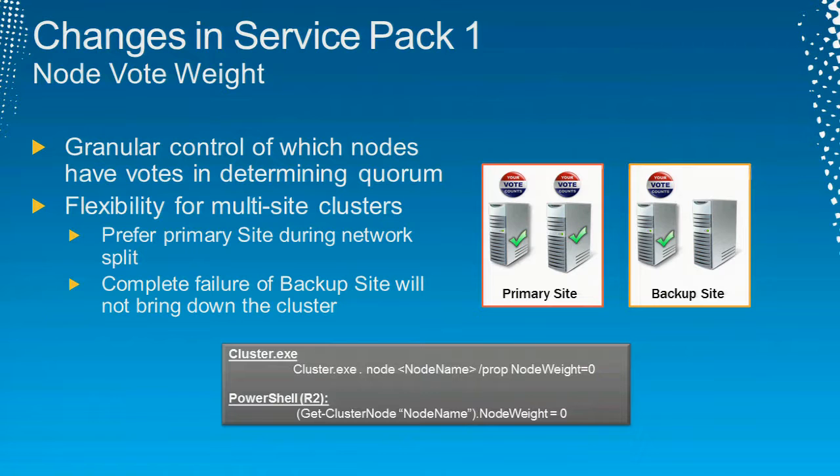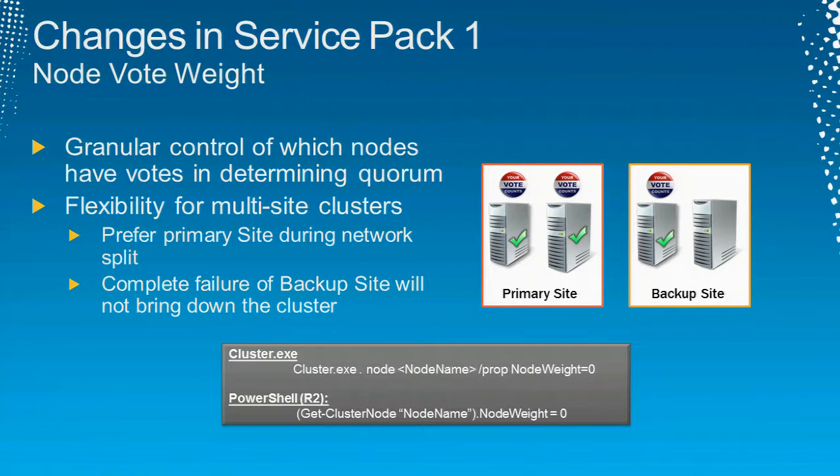Node weight. There's another feature we introduced in SP1. If you have a 2-node cluster where you don't want the backup site determining the quorum, you can explicitly set the weight of the nodes in this backup site so they do not participate in the quorum selection. In this case, you can say, I don't want node 3 or 4 in the backup site to participate in quorum selection.